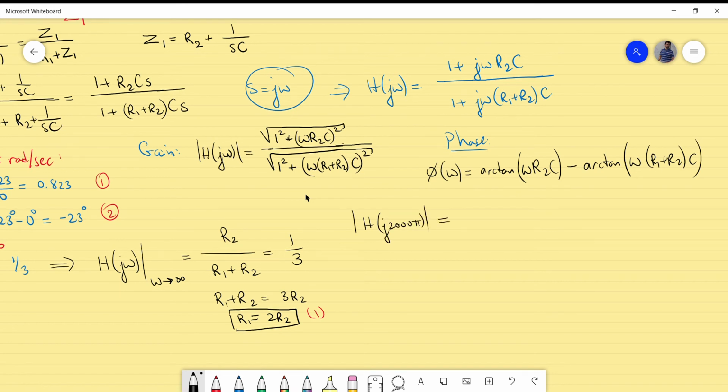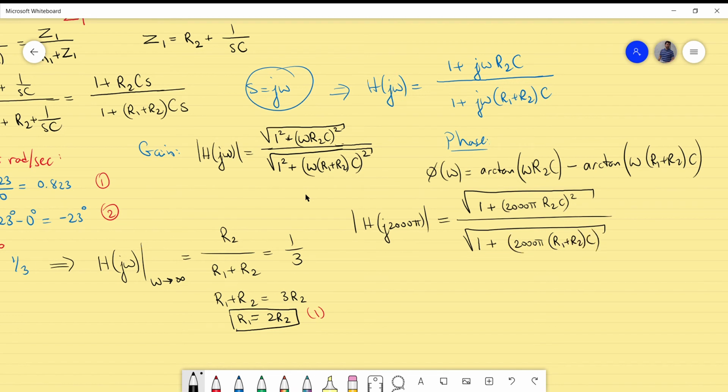The value of that will be the square root of 1 plus (2000 pi R2C) quantity squared, divided by 1 plus (2000 pi (R1 plus R2) C) quantity squared, which will be equal to 0.823. That's actually what it is at this frequency only.